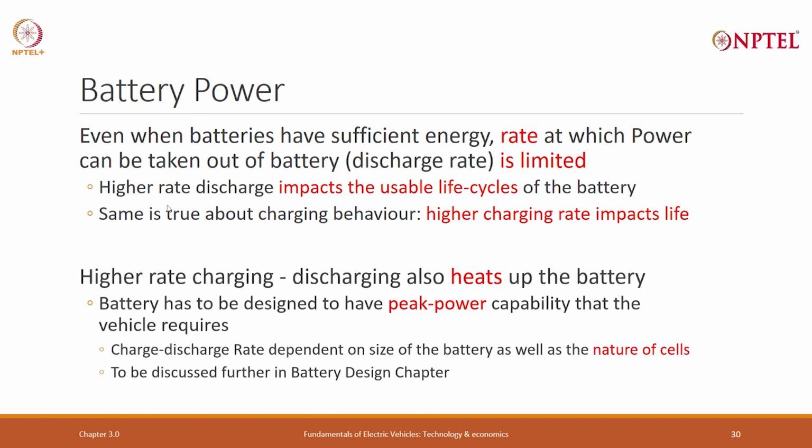A higher rate of charging and discharging also heats up the battery. Heating of the battery also impacts its life. So, the battery is designed to be charged or discharged at a certain peak power capability, and never exceeds that. Charge discharge rate depends on the size of the battery as well as the number and nature of cells. This will be discussed in detail when we discuss the battery chapter.